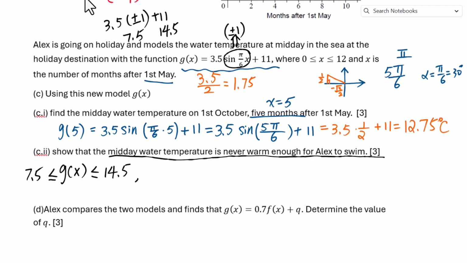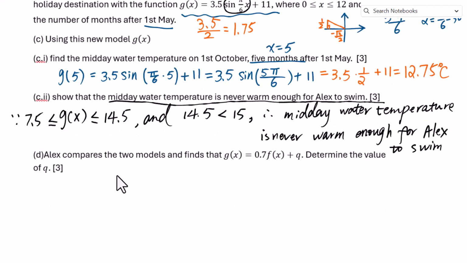How to write down your work? Because 14.5 is less than 15, the midday water temperature is never warm enough for Alex to swim.